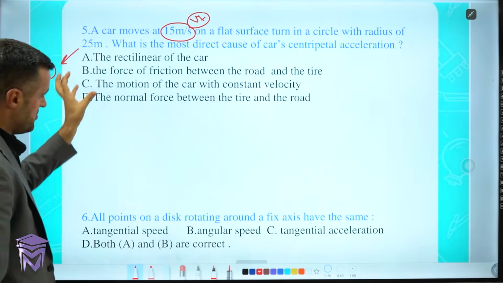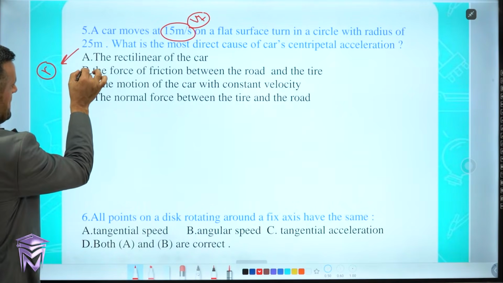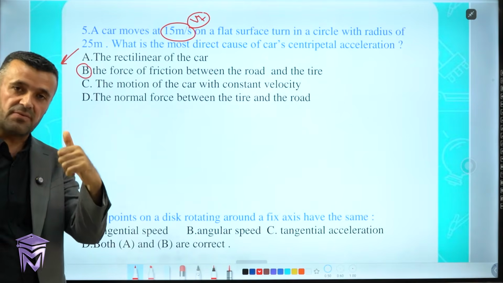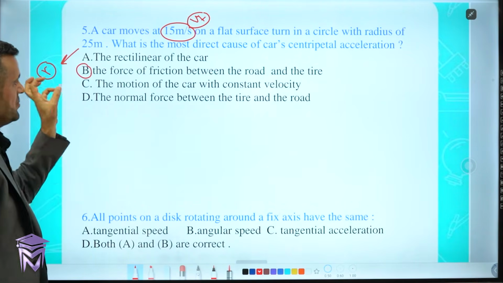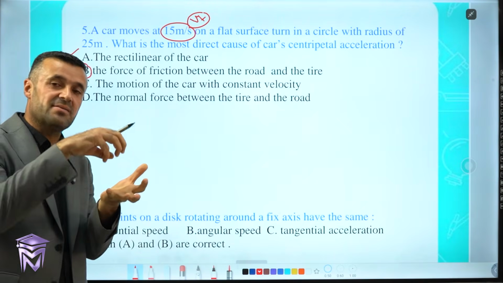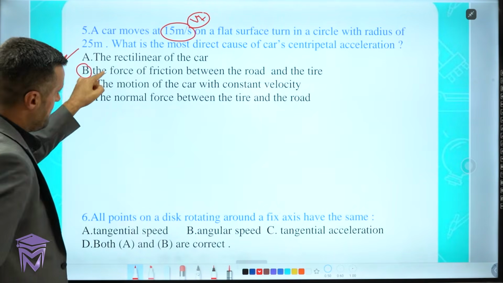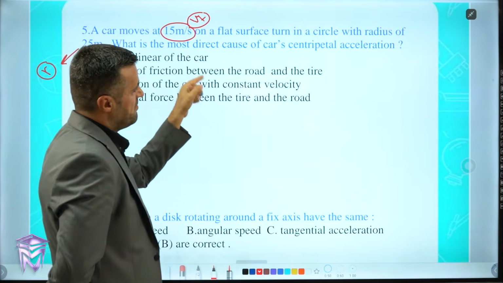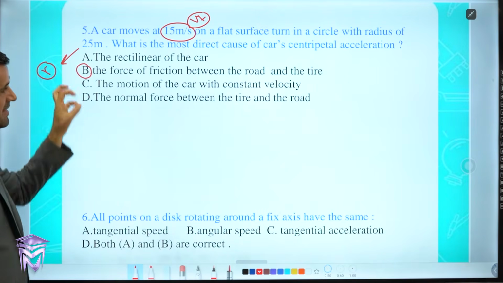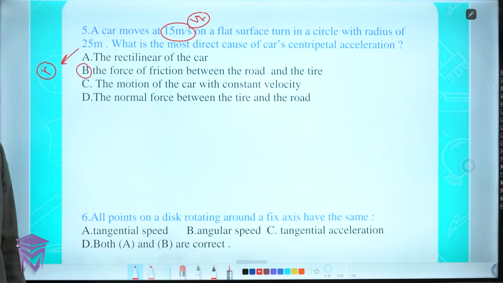According to these options, option B is correct. Why? Because the source of centripetal force or acceleration is the friction force between the road and the tire of the car. So we can select selection B. Thank you.